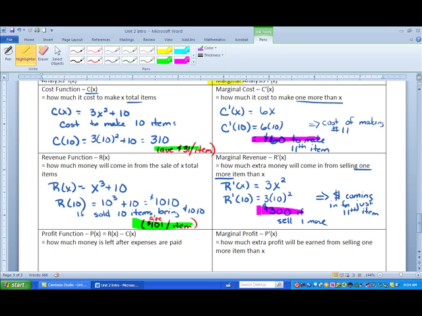But apparently everybody wants what we've got, so we can make one more, which will cost us more. It's going to cost us 60 bucks, but because the demand is so high, we're going to be able to sell that for around 300. And so a good business person would say, looks good to me, let's make that one more item.